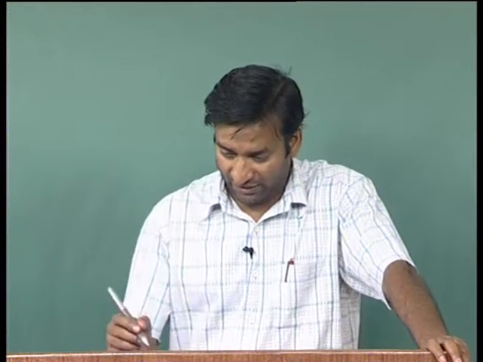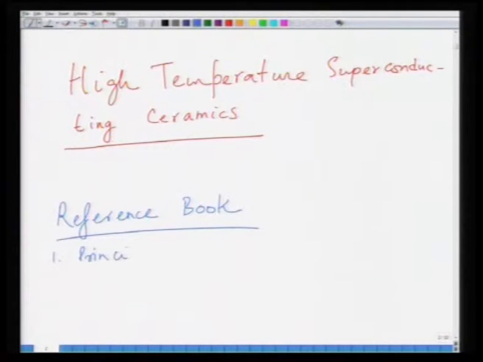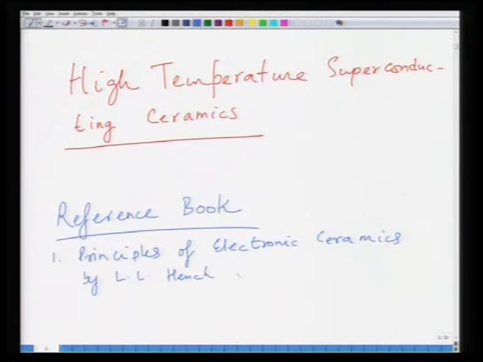The reference book which I would recommend you to read is Principles of Electronic Ceramics by L.L. Hench and J.K. West, a Wiley publication.